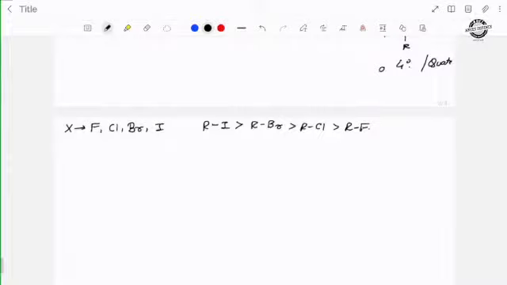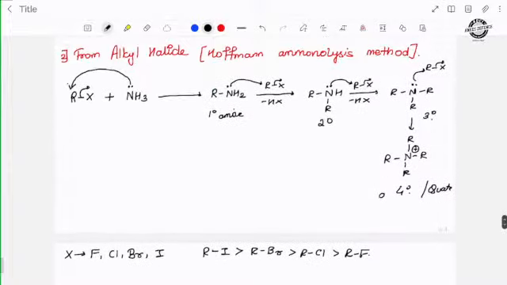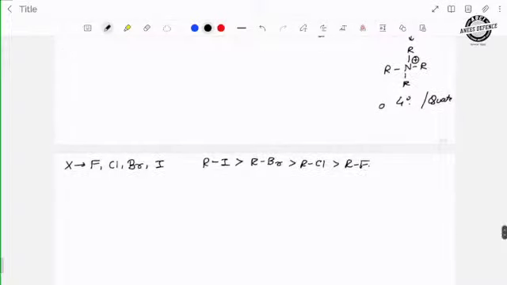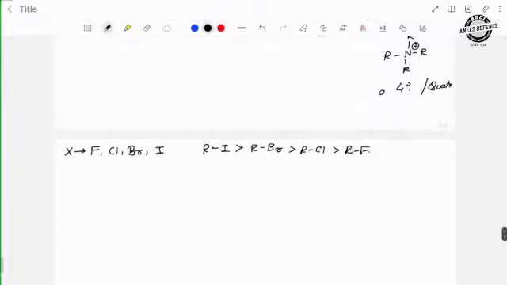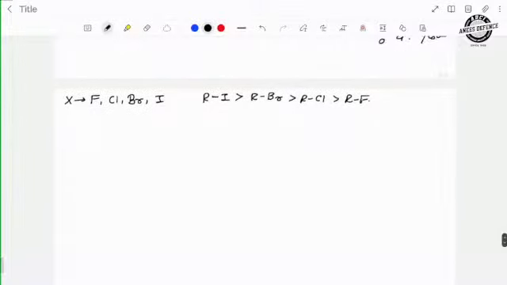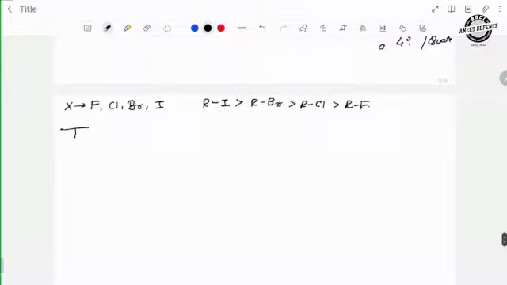This reaction is a nucleophilic substitution reaction. Why? Nucleophilic substitution, no? You are substituting a nucleophile. NH3, nitrogen पे lone pair of electron है. So this is a nucleophilic substitution reaction. ठीक है, कोई बात नहीं, इतना ही काफी है.